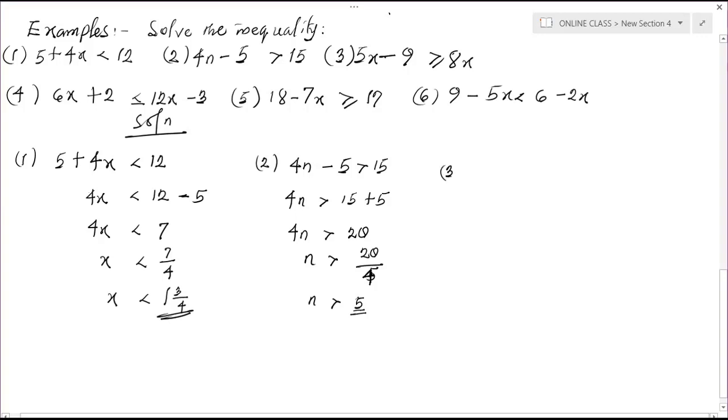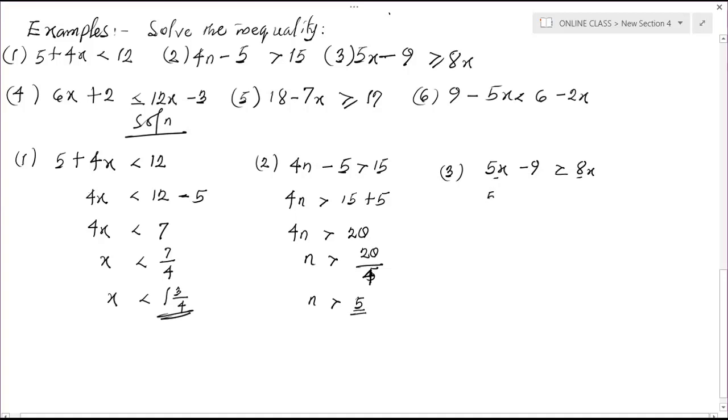Let's look at number 3. We have 5x minus 9 is greater than or equal to 8x. Now, I told you that x should be at the left side. We have 5x at the left side, and 8x is at the right side, so you must take 8x to this side.